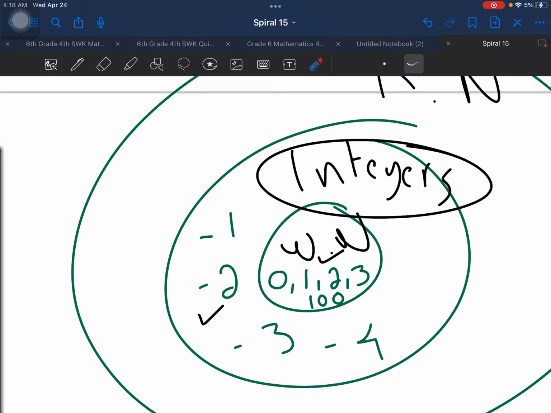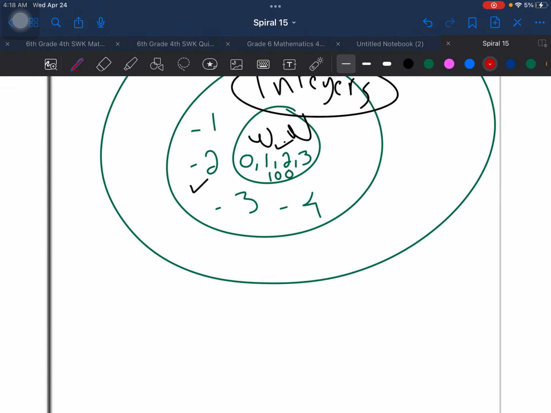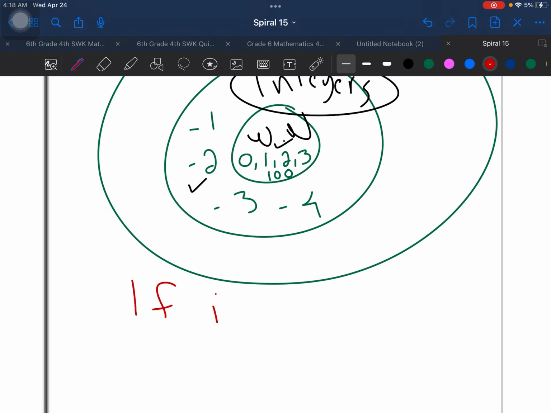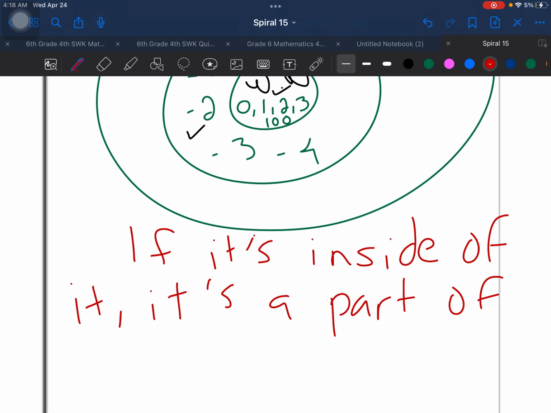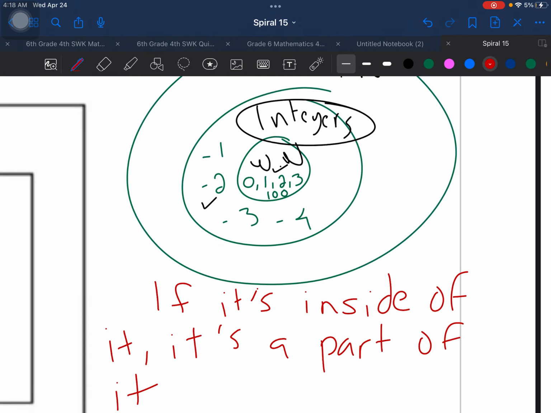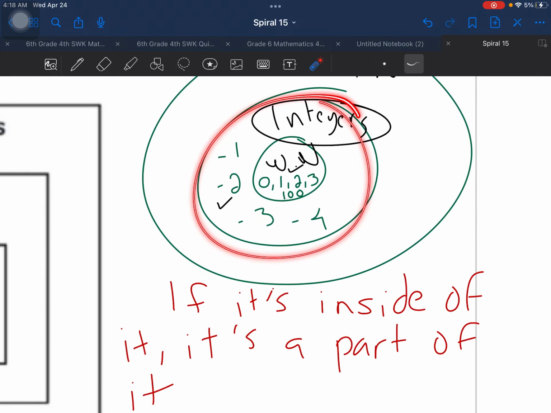So, I'm going to say a phrase that I haven't said in a while. If it's inside of it, it's a part of it. Basically, if it's inside of the circle, it's a part of their group.